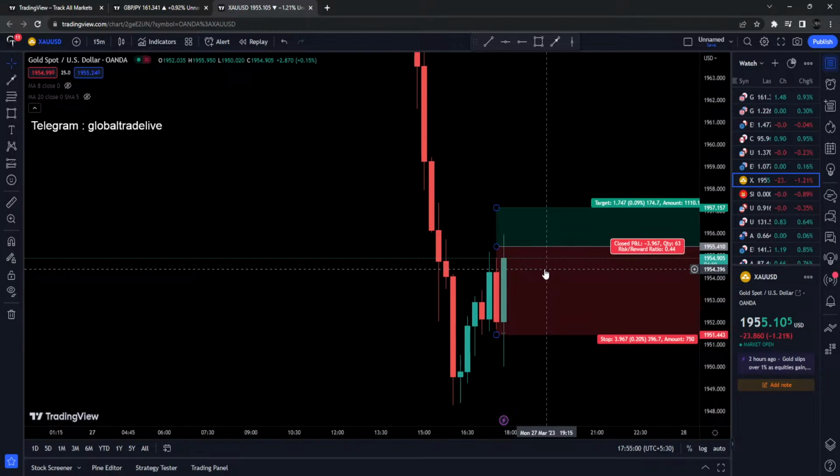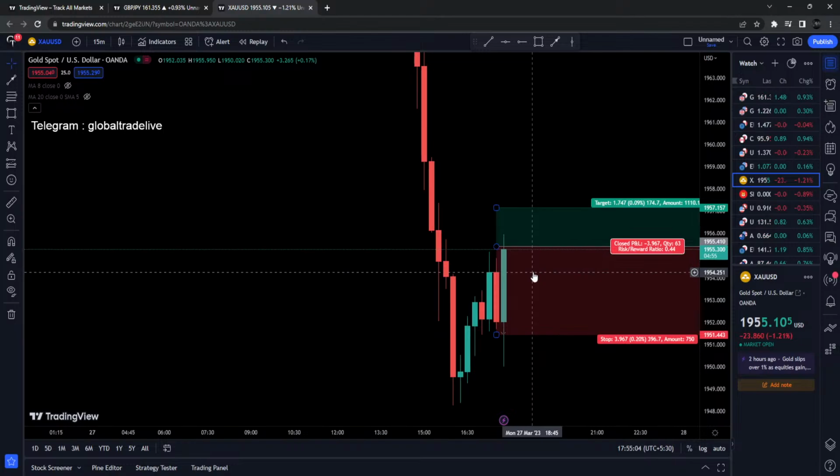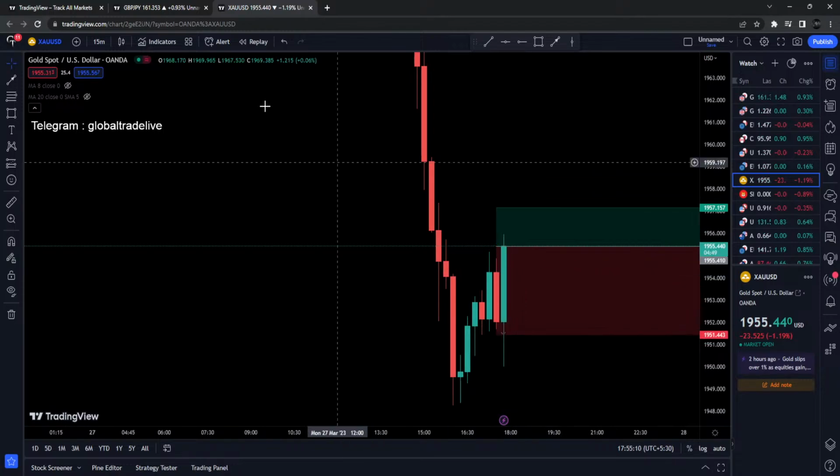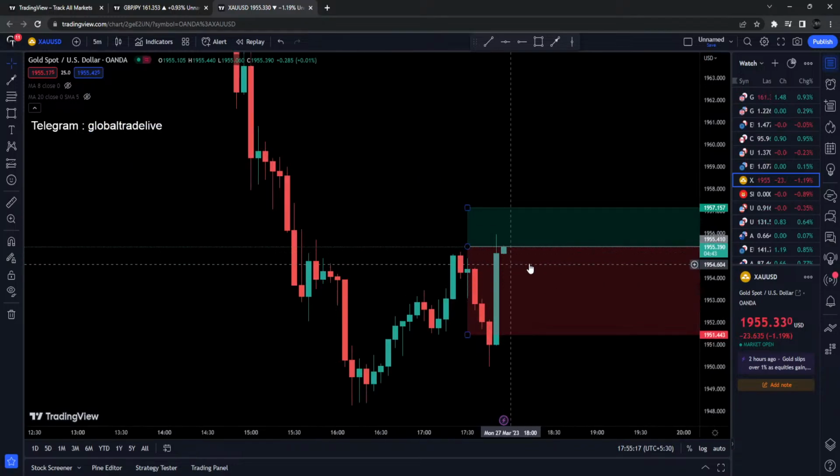So the 15-minute candle is struggling right now at this point, but I really think this 5-minute candle can be a nice bullish move.